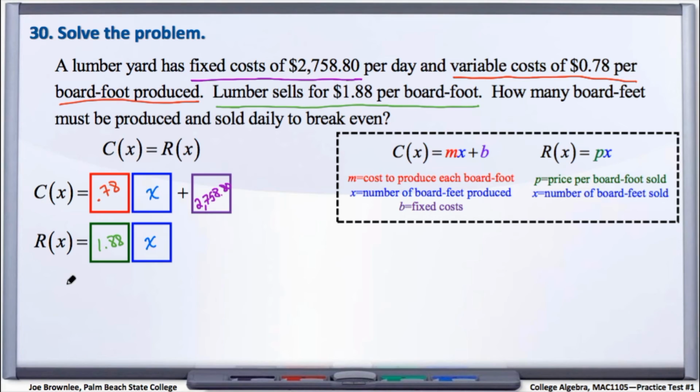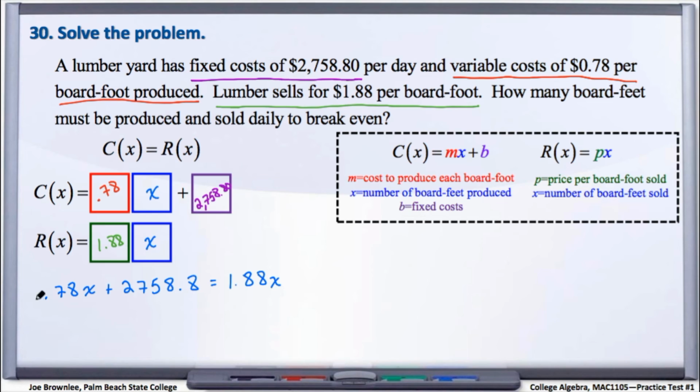So we have 0.78x plus 2,758.80 equals 1.88x. The left side of the equal sign is our cost function, the right-hand side is our revenue function, and now we can start solving.